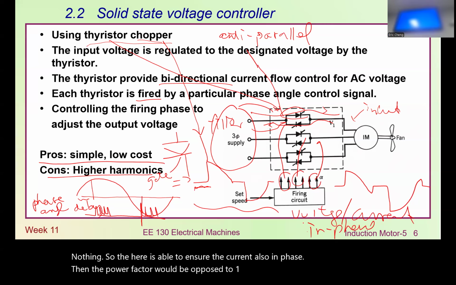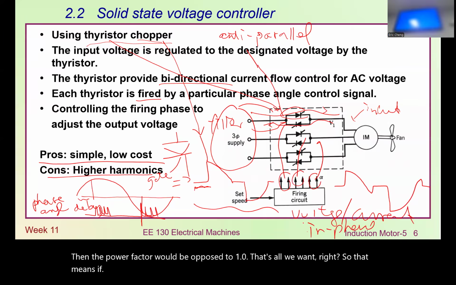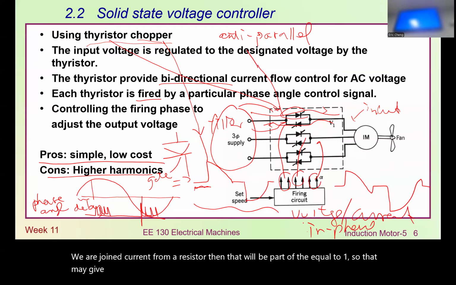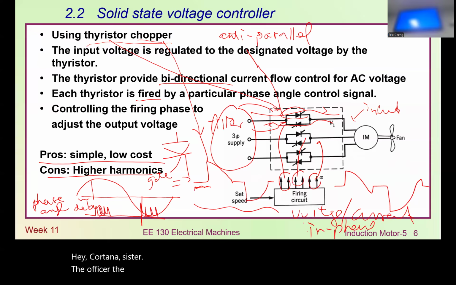That's all we want, right? That means if we are drawing current from a resistor, then the power factor is equal to 1. If our AC source is connected to a resistor, then obviously the power factor you can see here is 1.0.